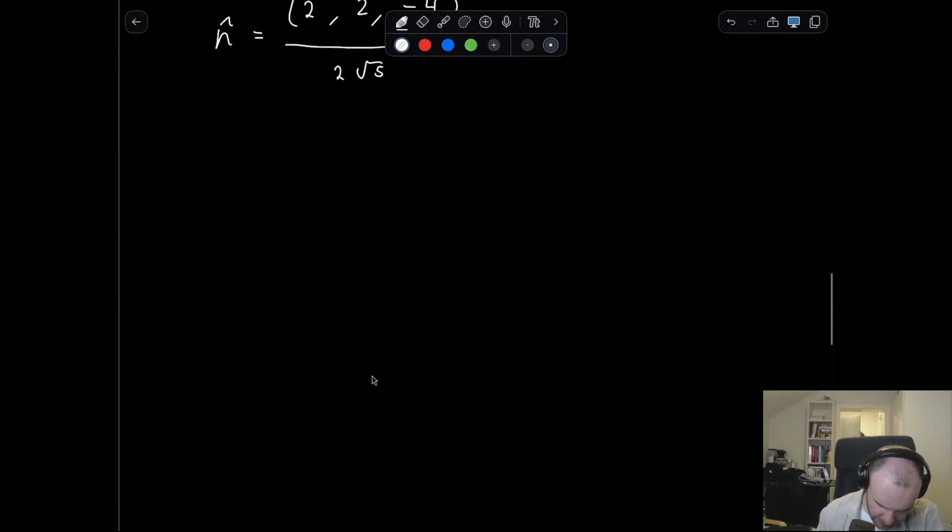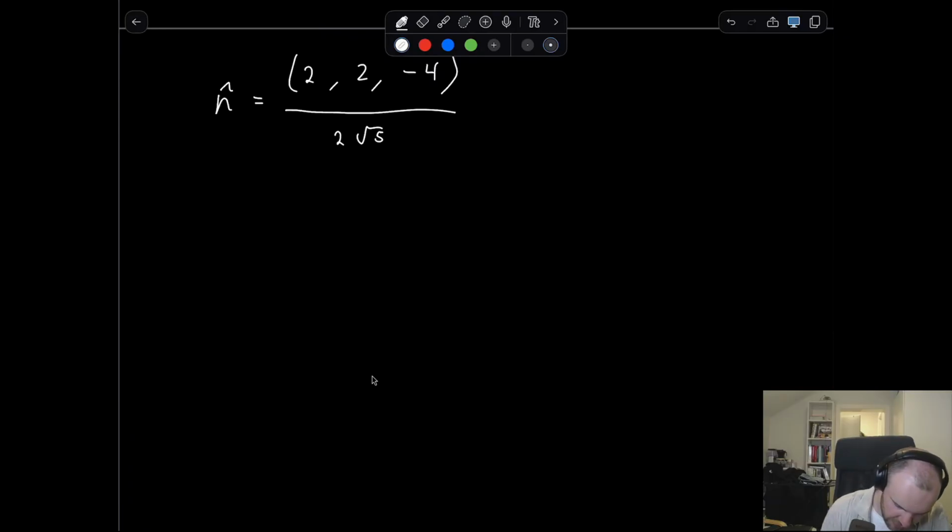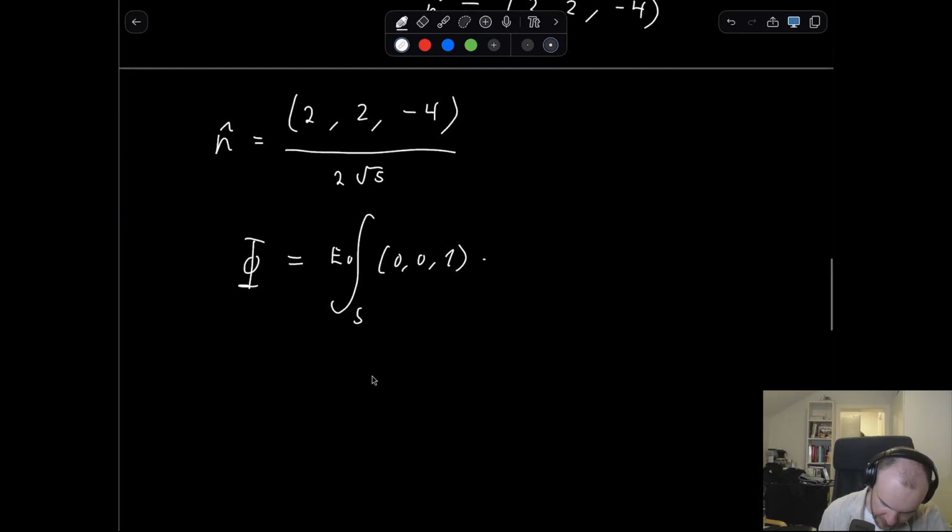Cool. Now we can actually do this. So the flux is the integral of E0, and I can just put that one over S, and we had 0, 0, and 1, and we need to multiply by 2, 2, and then -4.